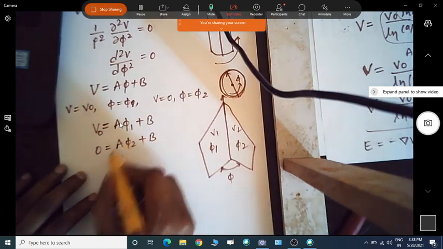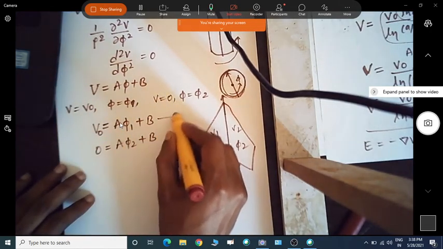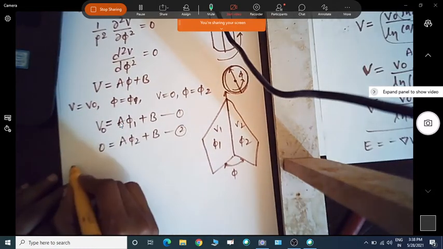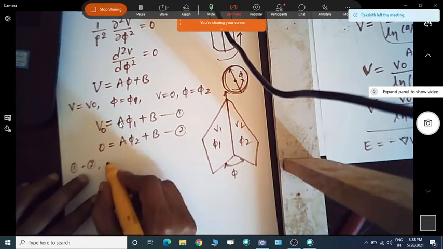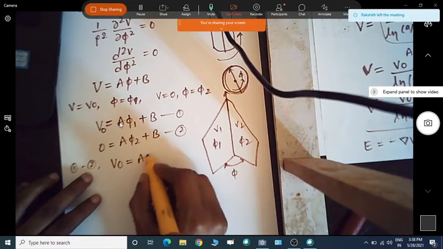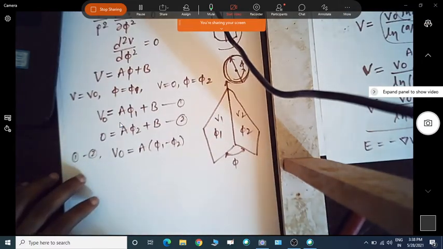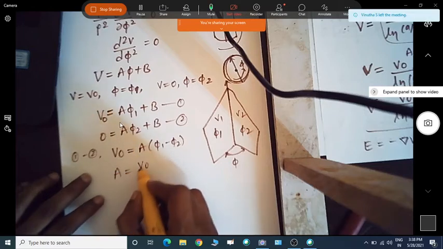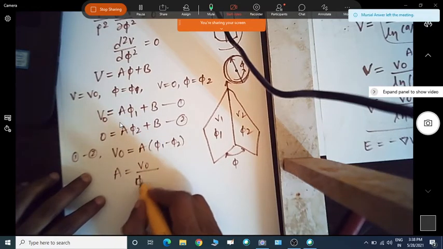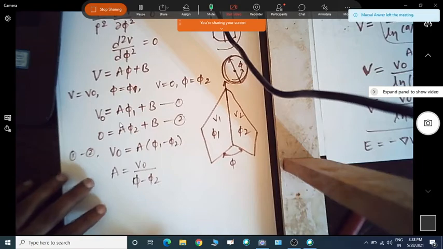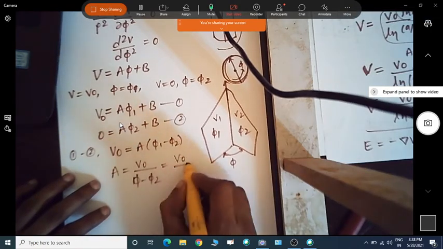If I solve these equations 1 and 2, 1 minus 2, we get v naught equal to a into phi 1 minus phi 2, plus 0, and a is v naught by phi 1 minus phi 2. So this is what we are going to get, v naught by phi.